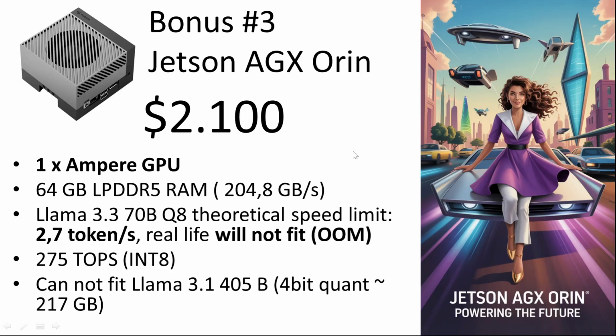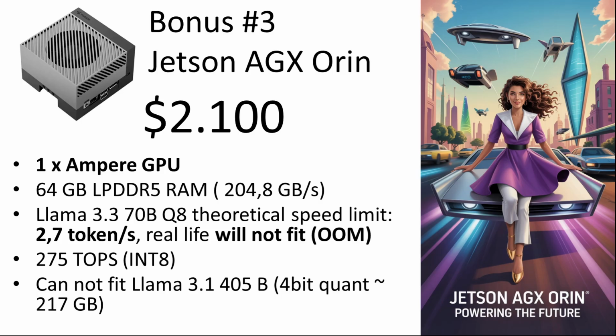And now we get to our third bonus, which is kind of like the polar opposite of the system we just saw. It's the Jetson AGX Orin. Now, Orin, or the Jetson series, they have several lower performing devices, but this is the high-end device, Jetson AGX Orin. It comes in at a price point of roughly $2,100 with 1 Ampere GPU.